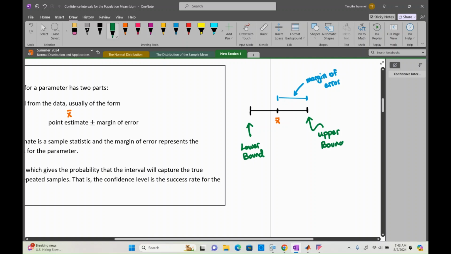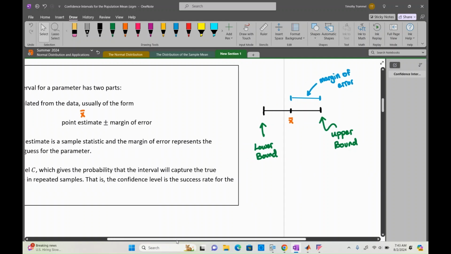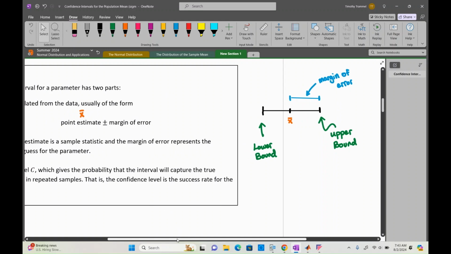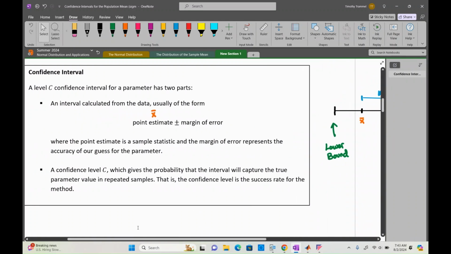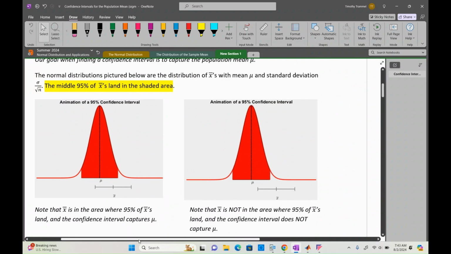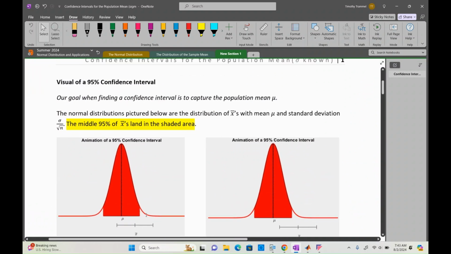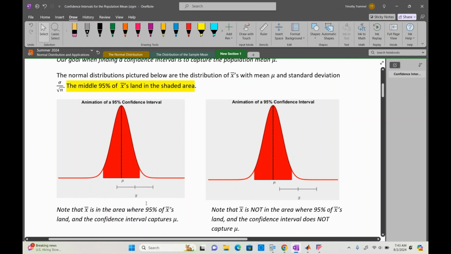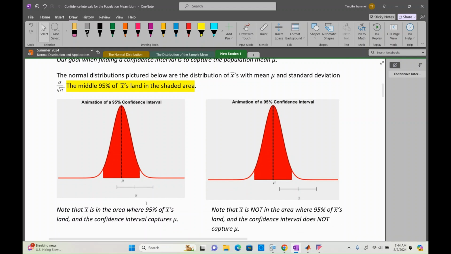Let's see why, if we have something called a 95% confidence interval, 95% of confidence intervals will contain mu. Let's go look at a picture of that. I have pictured two normal distributions. They're actually the exact same distribution on the left versus the right. You can see we have mu, the population mean, in the center.